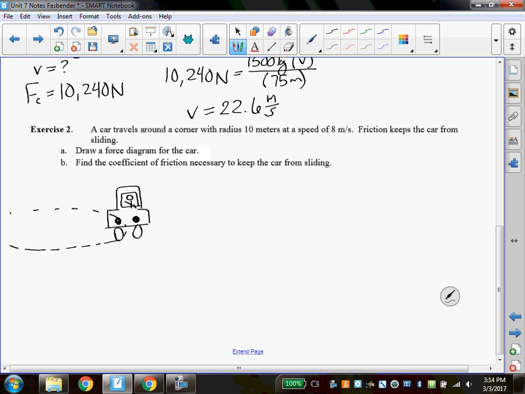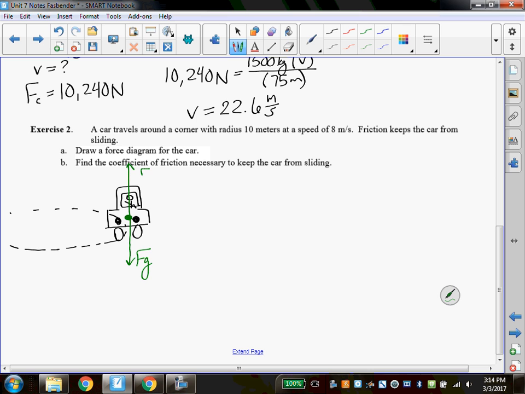So the way we've drawn this is so that the car is going around this curve, and it just so happens that he is facing straight at us as he goes around this curve. That makes it very easy for us to draw the force diagram. So if we think about the forces acting on this car, we have a force of gravity acting on that car, and it's going to go straight down towards the center of the earth.